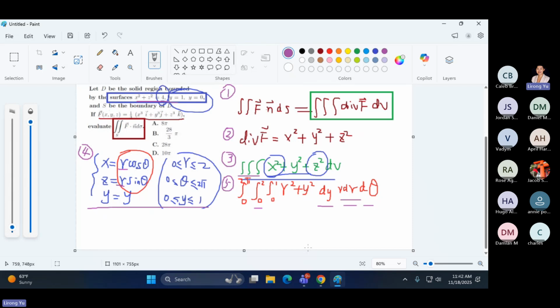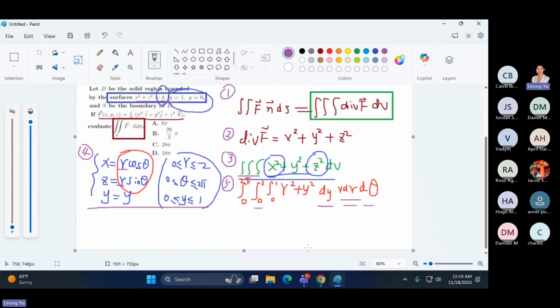We can actually finish the surface integral to compare if the divergence theorem is correct. If you're doing the surface integral, we will be doing 3 integrations: on the top surface when y equals 1, at the bottom surface when y equals 0, and at the side of the cylinder when x squared plus z squared equals 4. We have different normal vectors.